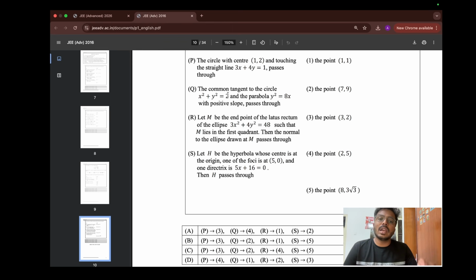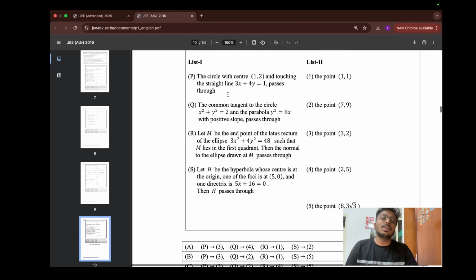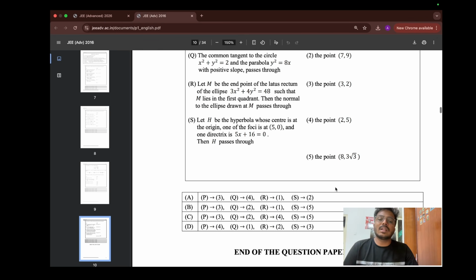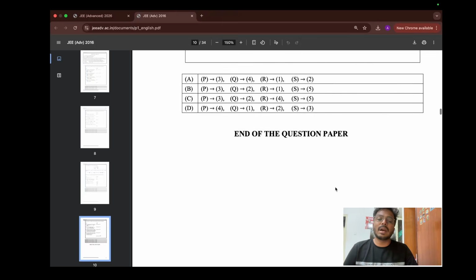So c will be a upon m for parabola, and for circle it is plus or minus square root of r multiplied by m square plus 1. You can equate them and you will find out the slope. Once you have the slope, you have the equation, y is equal to mx plus a upon m. You can substitute the m value there and you will get the equation. And once you have the equation, it is very easy to find out the point through which the straight line passes, and that's how you can mark it up.